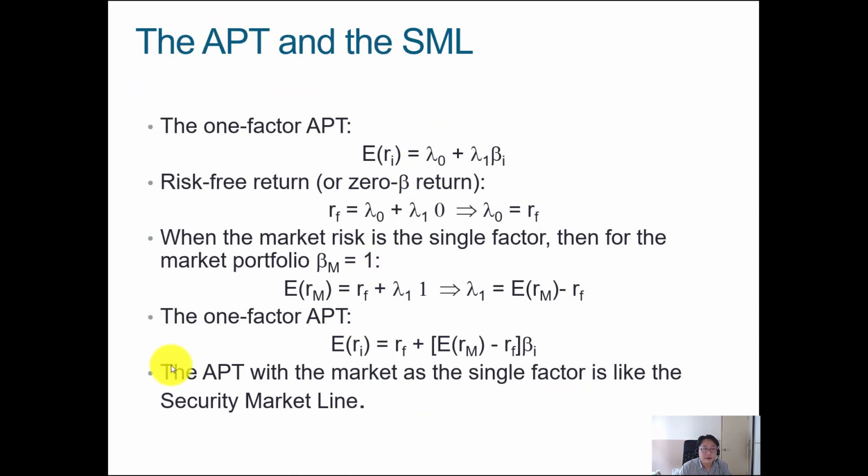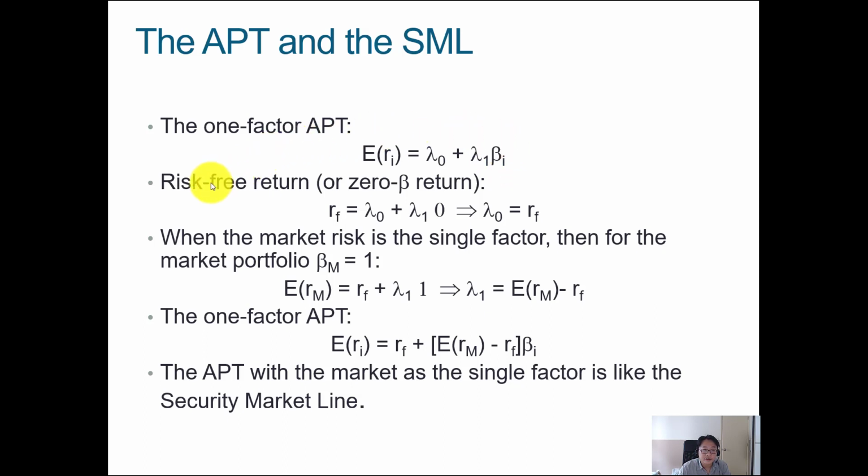So what I want to talk about now is the relationship between the arbitrage pricing theory and the security market line. With the one factor APT, we have the expected return equals lambda naught plus lambda 1 times beta 1. So we're saying that this is a single risk factor and lambda is the relationship between that asset and that single risk factor.